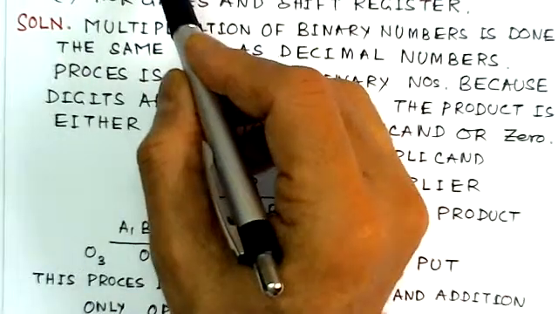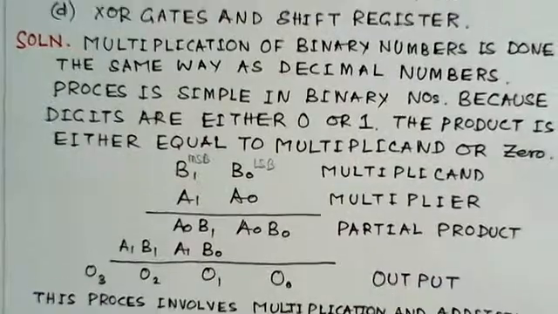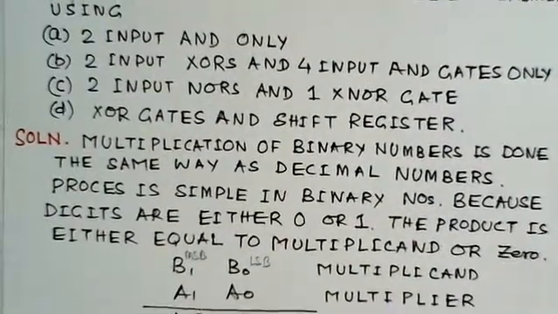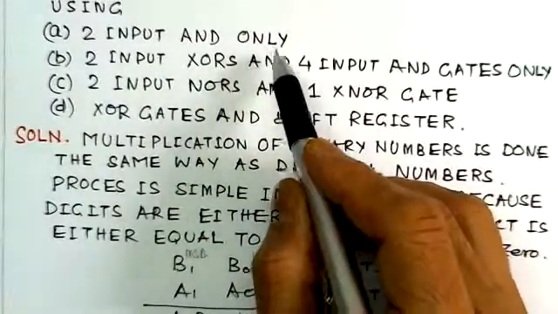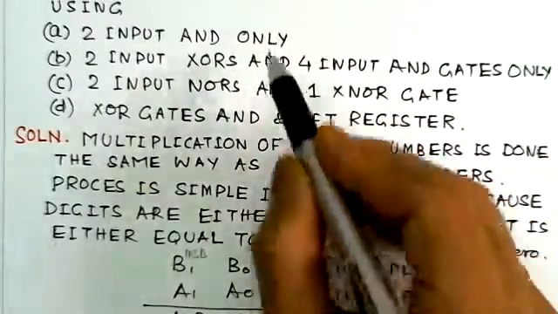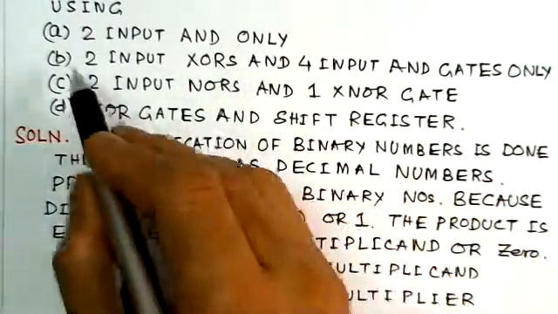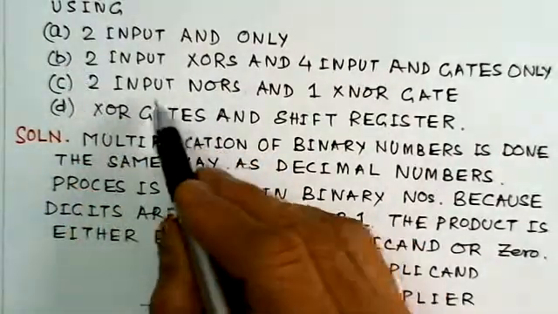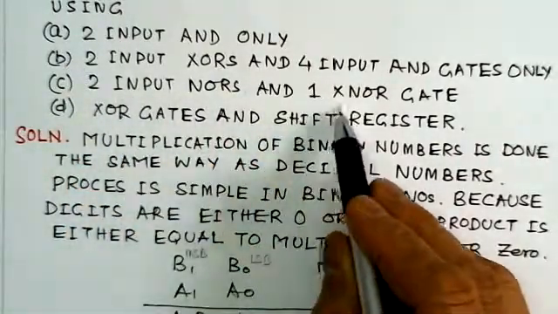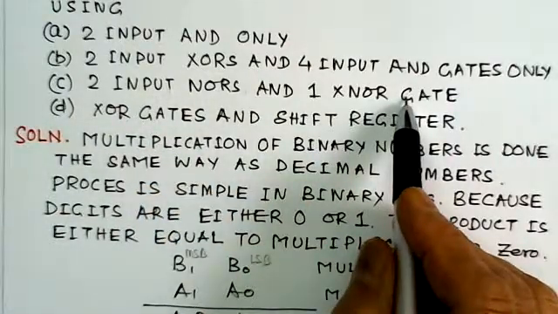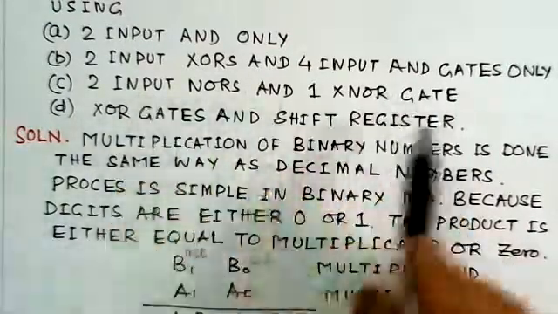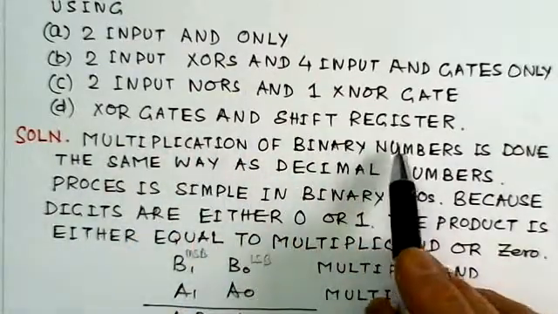Now if you see option A here, you need 2 input AND only. So this is ruled out, as you need an adder as well. We leave option B for the time being. Now option C says NORs and XNORs. There is no multiplier here to get a product term, so this is also ruled out. Option D is XOR gates and shift registers.